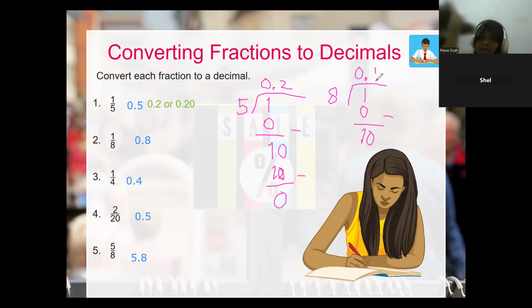Maybe 1 times 8, yeah? 1 times 8 is 8. 10 minus 8 is 2. Then we put an additional 0, so 20. Now think about 8 times how many goes to 20? What about 8 times 2? How many is 8 times 2?